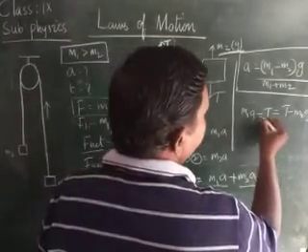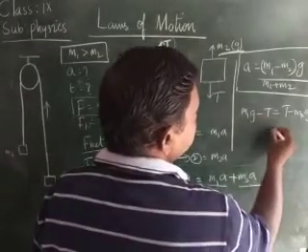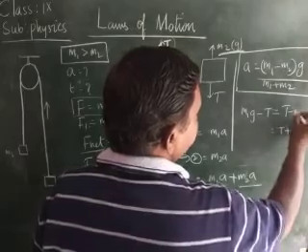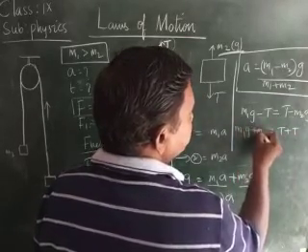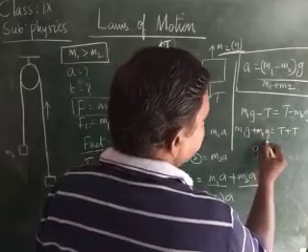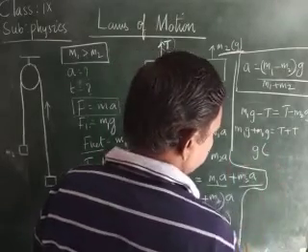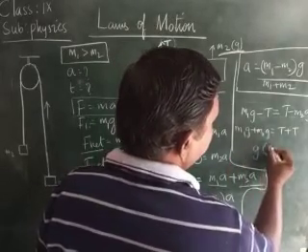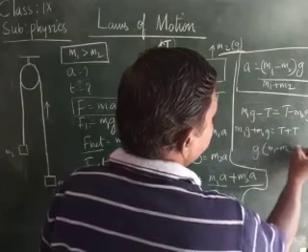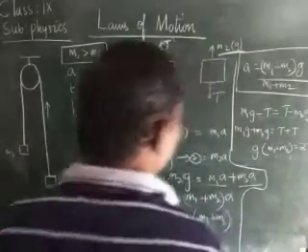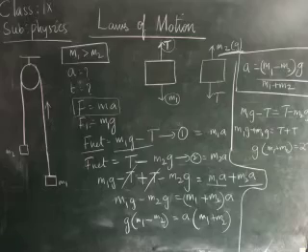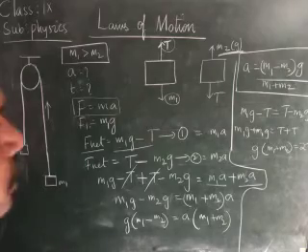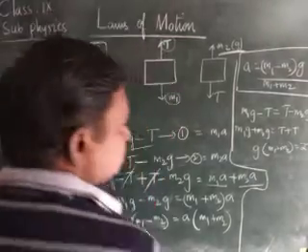Whenever we equate them, this minus T going to that side becomes plus T, and minus m2g coming to this side, m1g plus m2g. Therefore we can write this as g into (m1 plus m2) is equal to 2T.